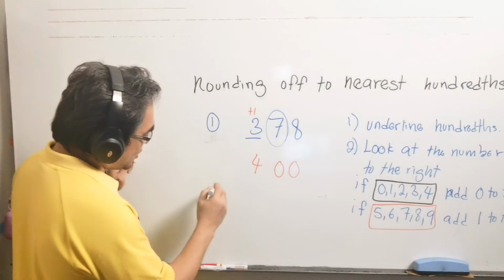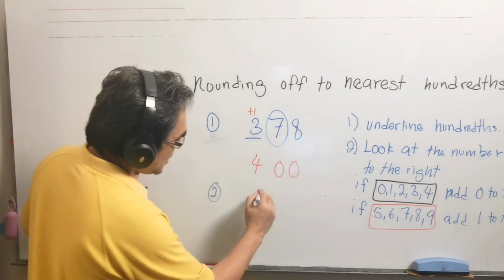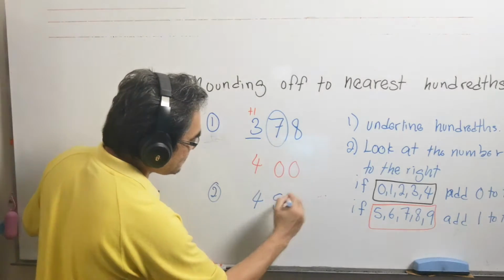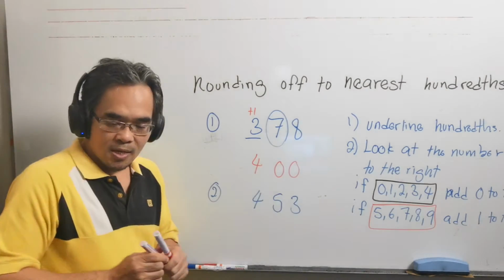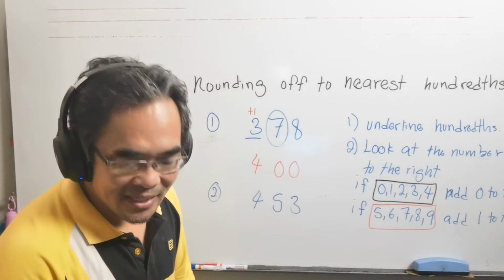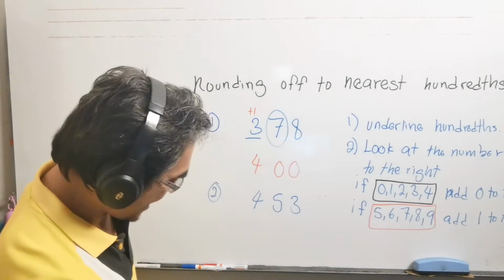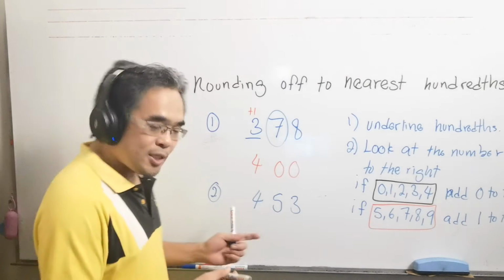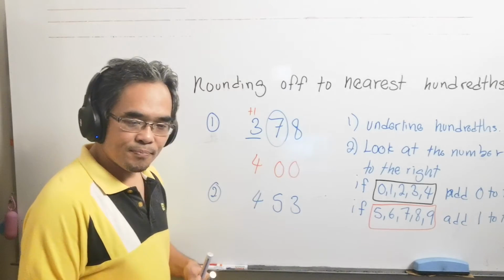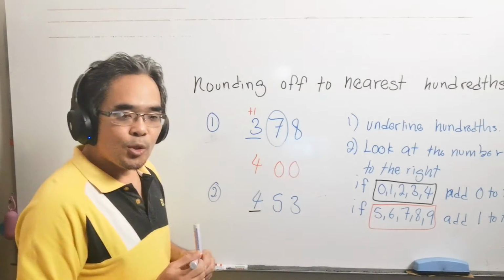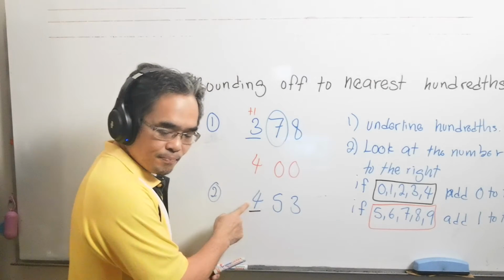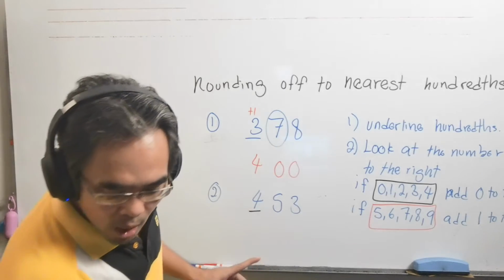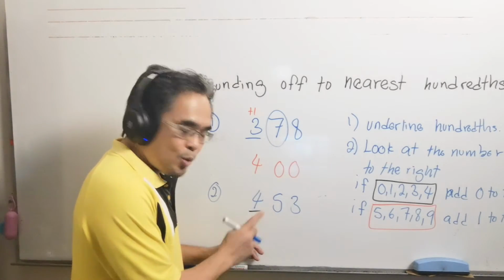Okay, look at question number 2. 453. So first, underline the hundreds. Which number should I underline? Which is 100? 4. So do I add 1 to 4 or not? How do you know you have to add 1?